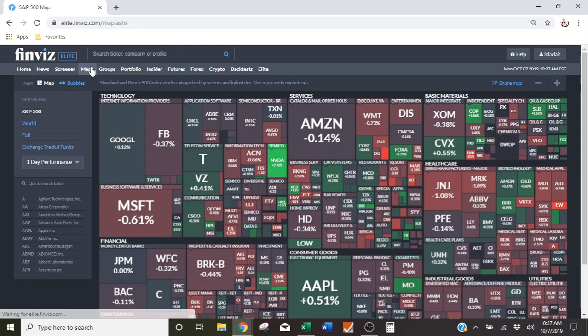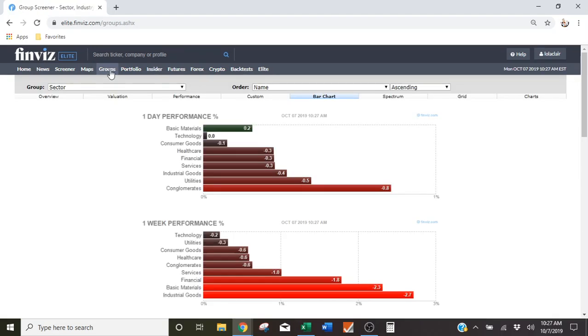Next we have the maps, again similar to what you have on the front page, and here is another good place to go. It's the group section. It'll give you the breakdown on what's performing on a daily basis. Now basic material is on the lead right here, and conglomerates is actually not doing very good. Gives a percentage.